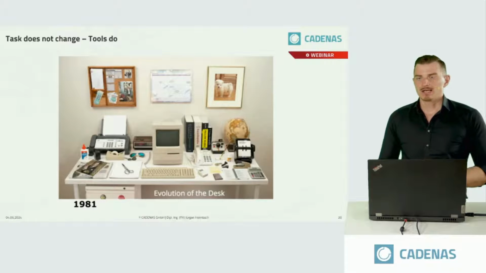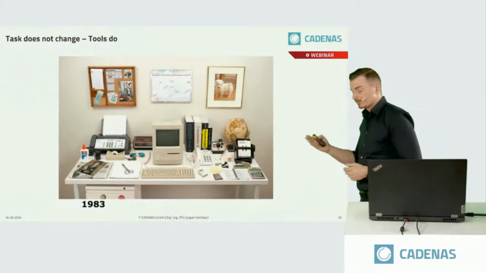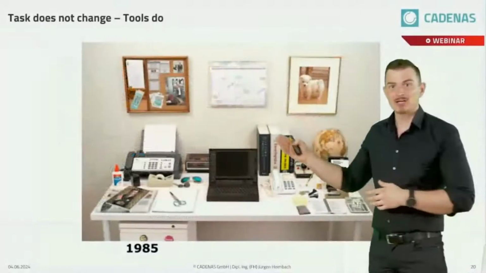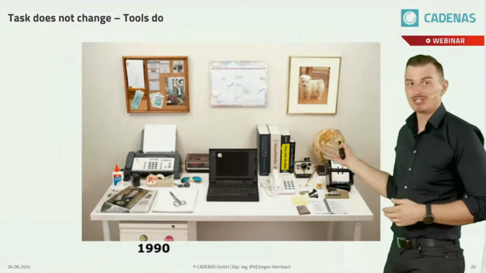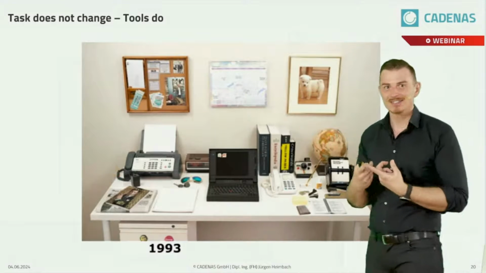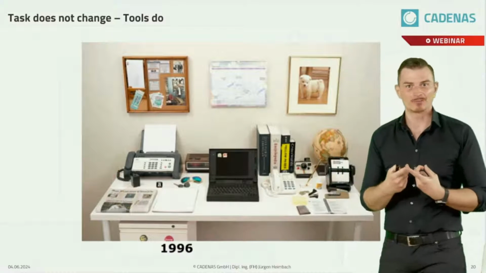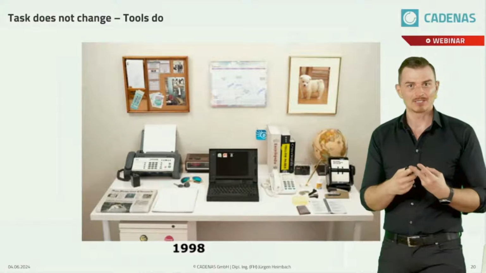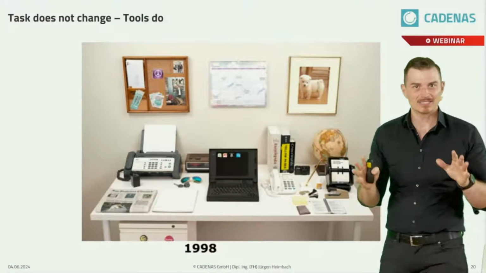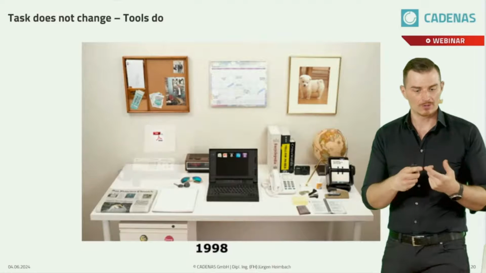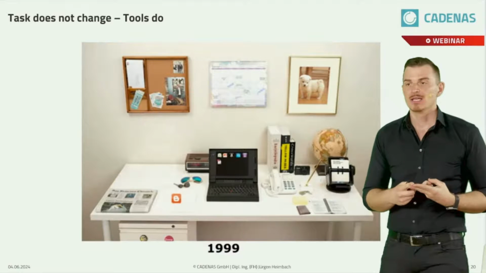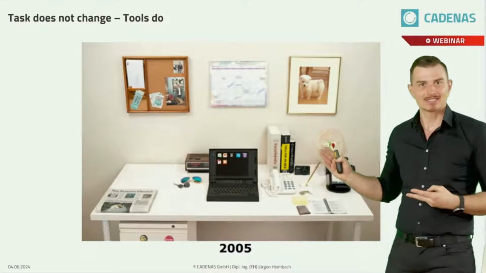And basically the job of a planner or an architect did not really change. So yeah, he is there to find a solution for complex problems. He is there to select the right parts. So that's basically his job, to have a look at the costs and the time frame. But what changes is just his desk.